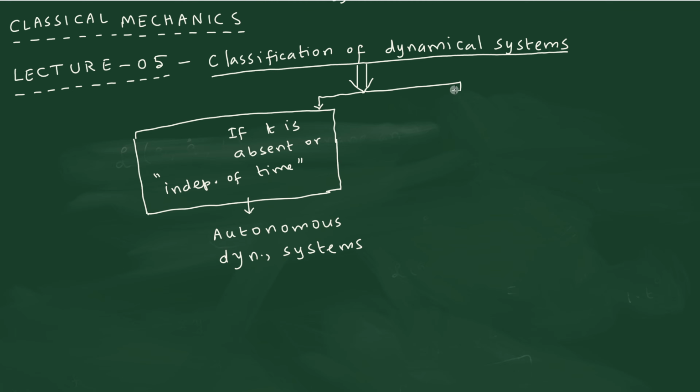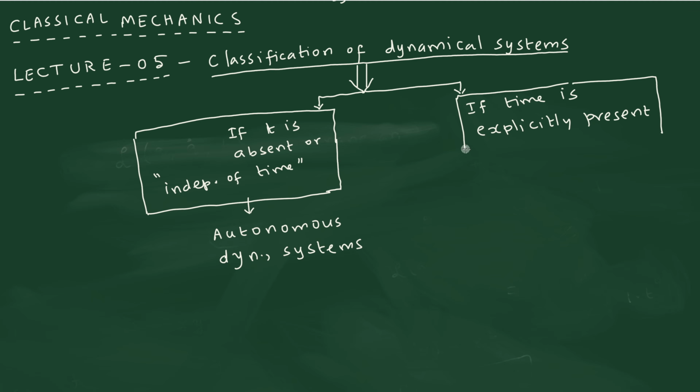And the other possibility is very clear: if time is explicitly present, then that is the condition, and we will categorize such systems under the name non-autonomous dynamical systems.